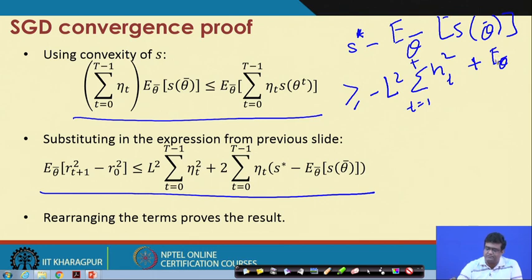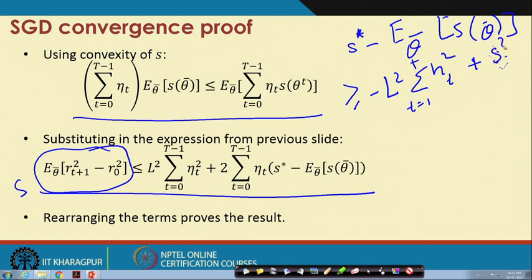We are calling this number S, so you have here S squared and the summation of eta_t, and 2 times.